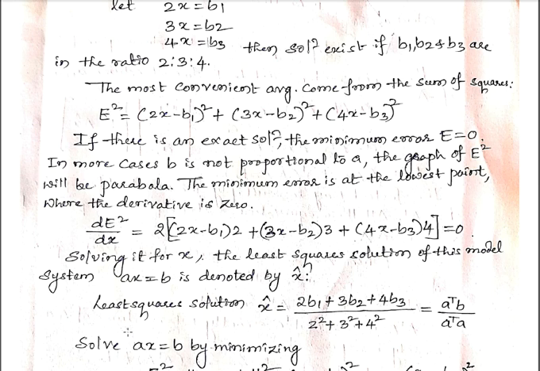When we differentiate, since this is a square, it becomes 2, and as the power is 2 in all these terms, we take the 2 outside. So it can be written as 2 into (2x minus b1) times 2, since with x there is 2. Here there is 3, we write 3, and here 4, the same way, equals 0.